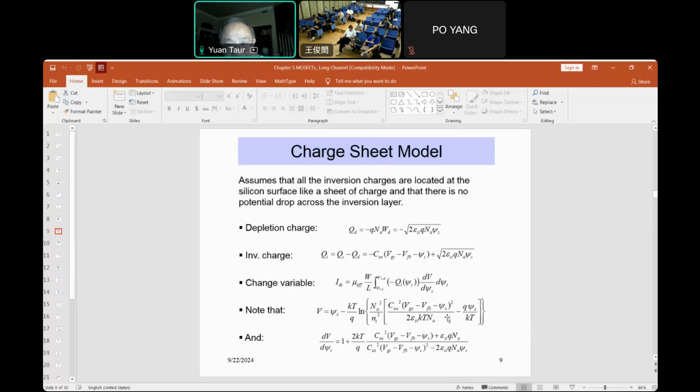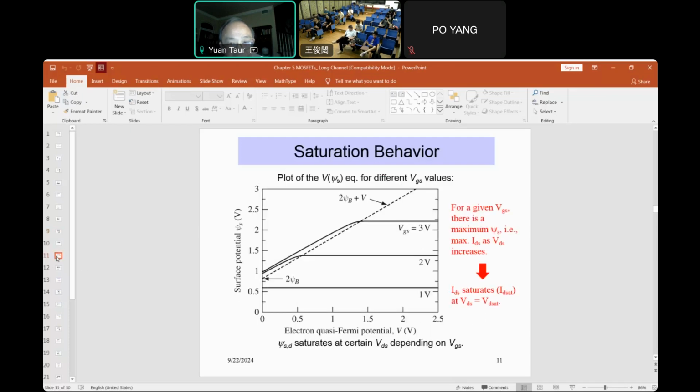So there's a maximum psi S for that given VGS, solved by the square bracket equal to 0. And that's this value here. So for a given VGS, there's a maximum psi S, beyond which psi S doesn't go up anymore.